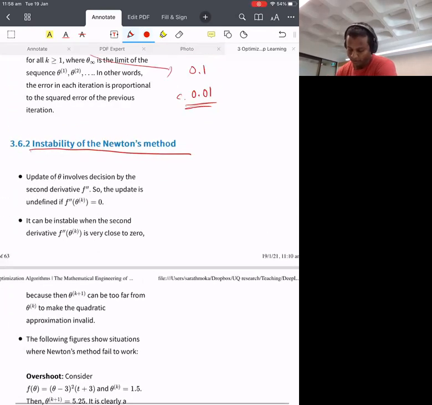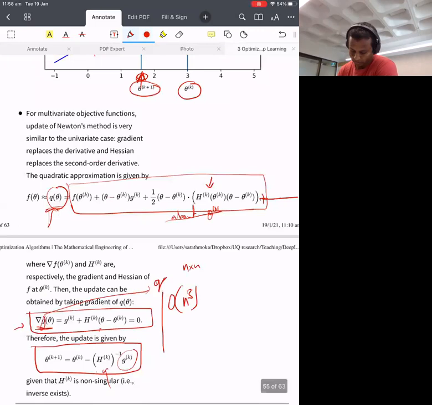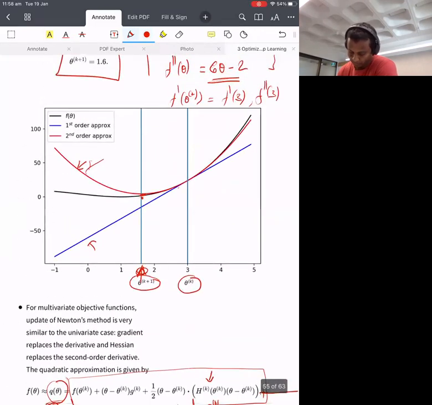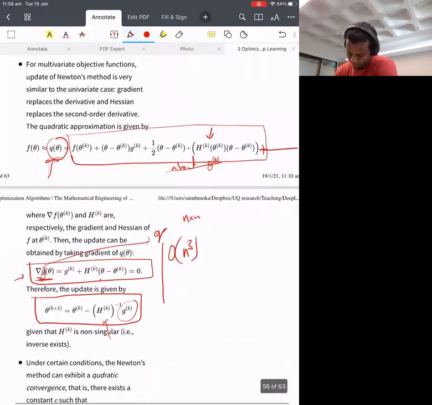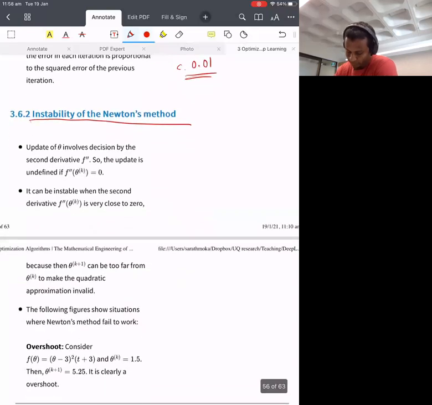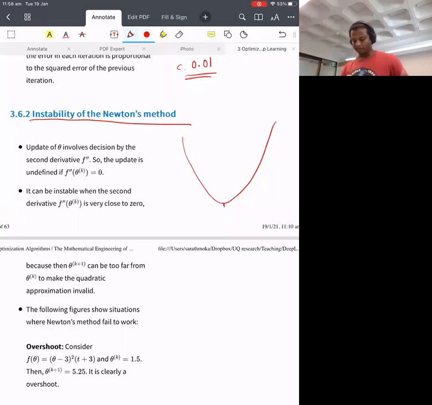Look at this function. Let's give an example. Suppose your function is like this, and you're being very smart, and somehow you could guess exactly the minimum value, and say this is the beginning, and this is equal to theta optimal value.